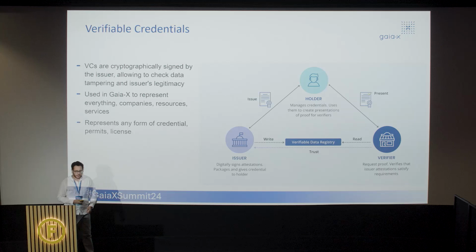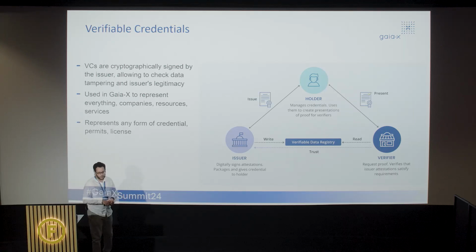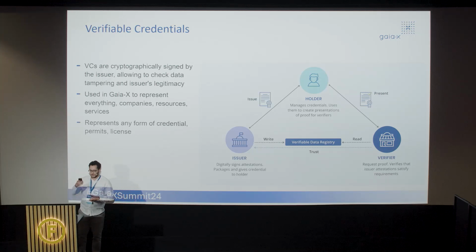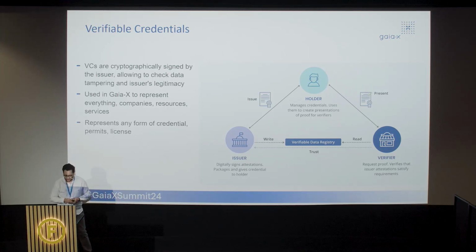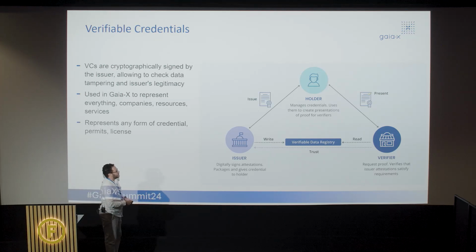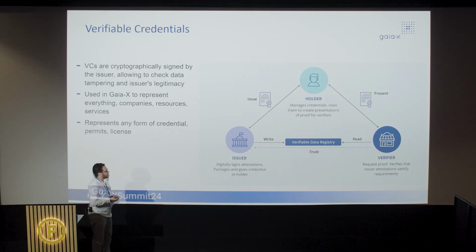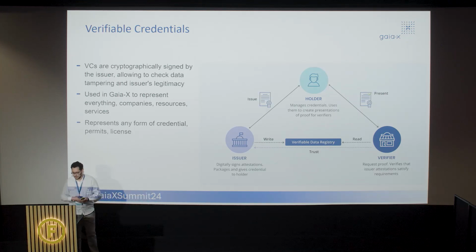They're used in Gaia-X to represent pretty much everything described in the ontology by our colleague Vincent. It can be any kind of credential, and you can see the model with an issuer, verifier, and holder. I won't go too much into detail, but if you have any questions, feel free to ask afterwards.